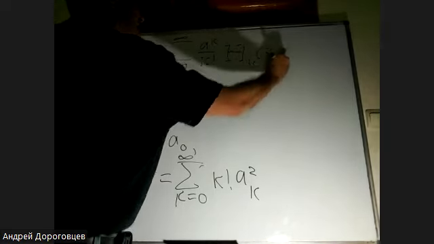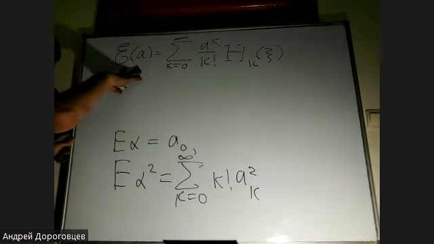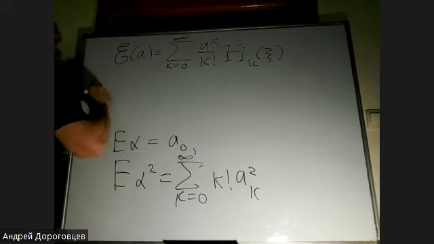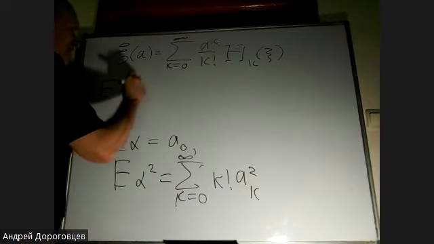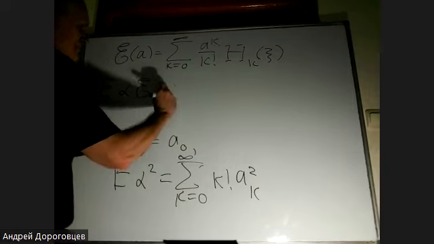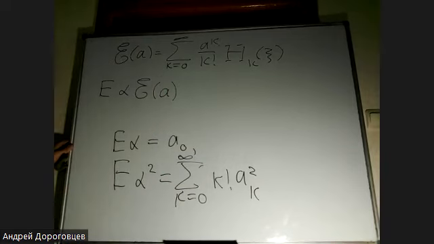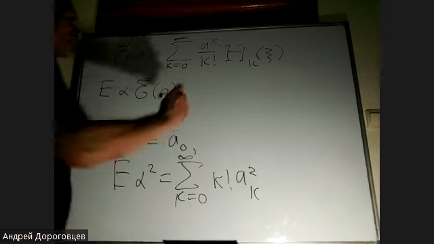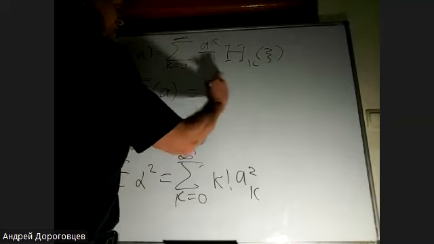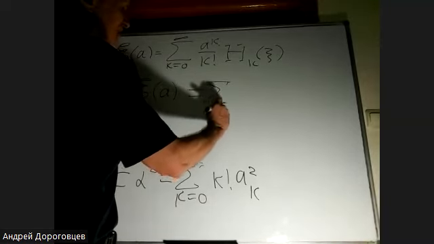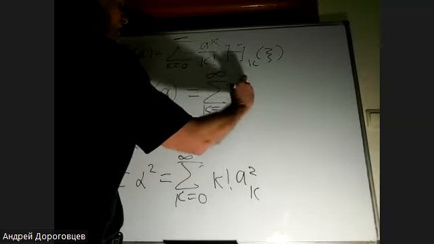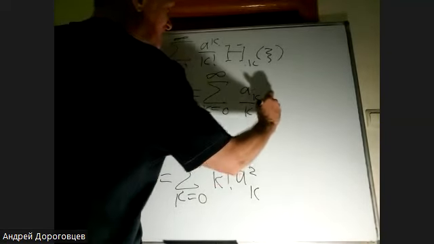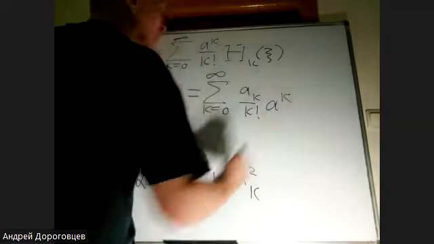So the coefficients for the stochastic exponent are the following. Now let us calculate the expectation of alpha times the stochastic exponent. It can be easily checked that this is exactly the following: the sum of ak h^k over k factorial.